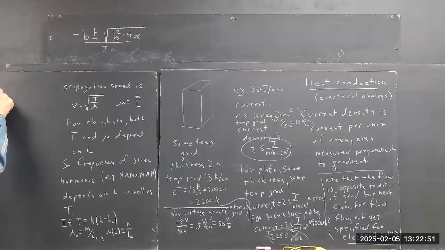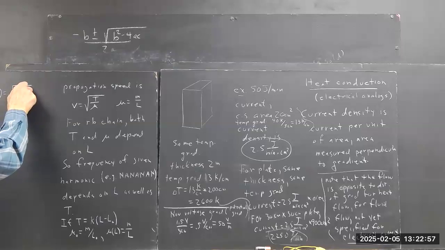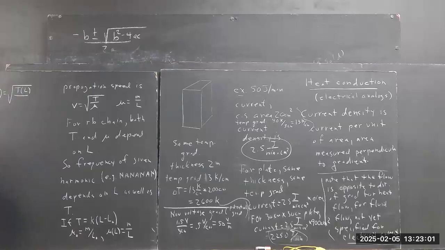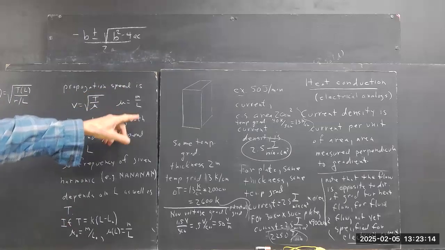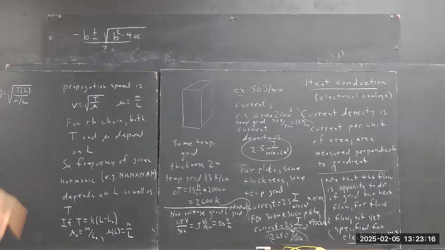Well, v is a function of length. Tension is a function of length. And your denominator here is M over L, mass per unit length, where length is now variable.